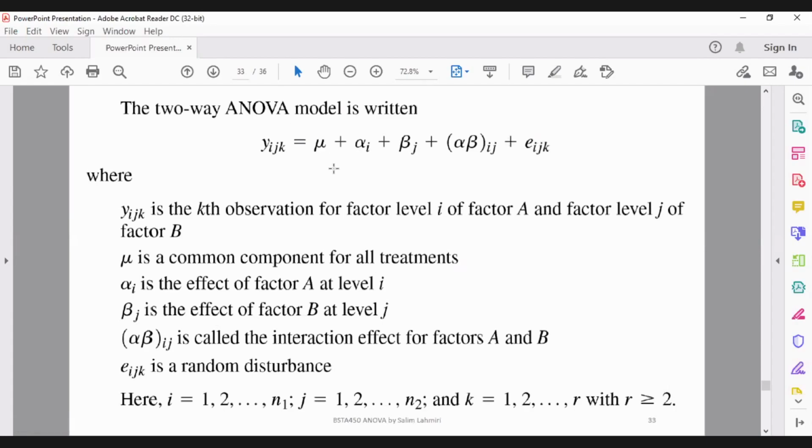Two-way ANOVA is very similar to running a regression model of y, the dependent variable, on a fixed constant, effect A, effect B, plus the interaction of effects A and B, and we get an error term. It's very similar to regression analysis.